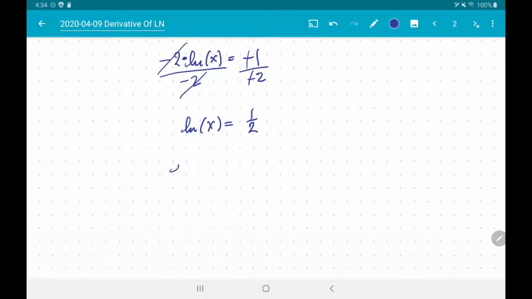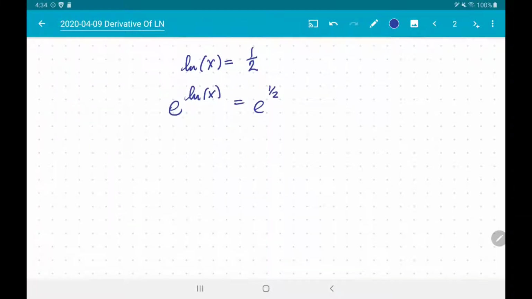So what I need to do is write e to the left equals e to the right. The left is ln of x, the right is 1/2, and the whole 1/2 has to be up there in that exponent. Don't let it sag.